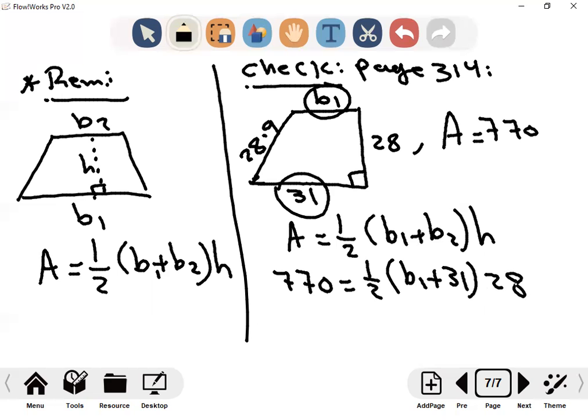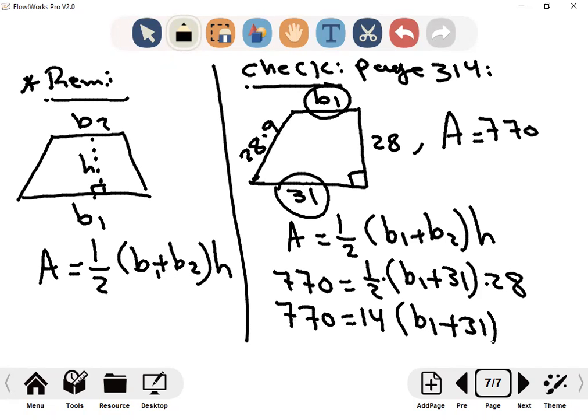Now let's simplify it until we find B1. Half of 28 is 14. So 770 equals 14 multiplied by the parenthesis.